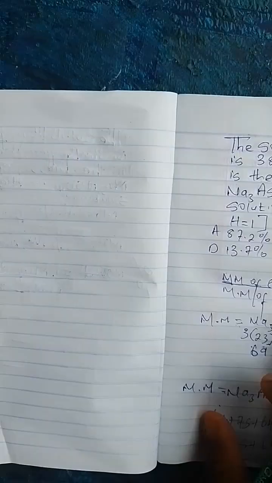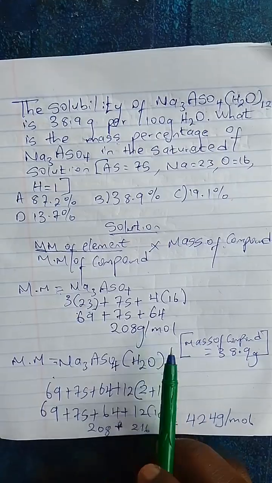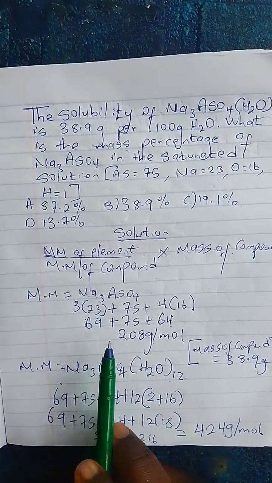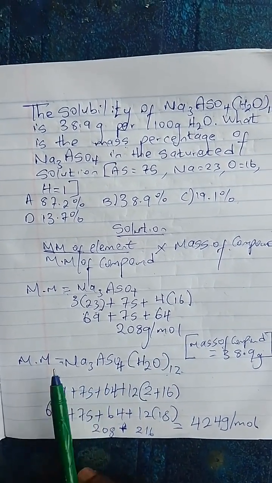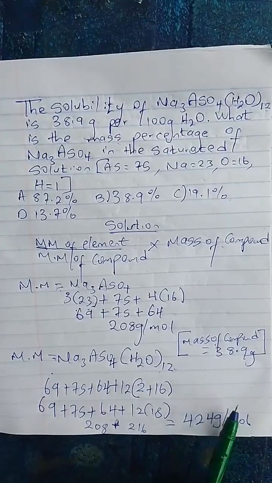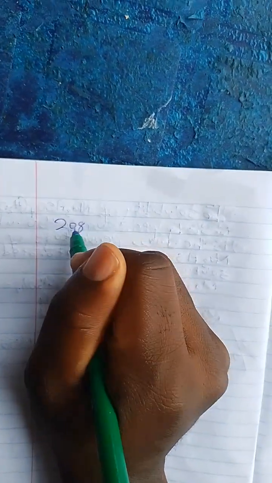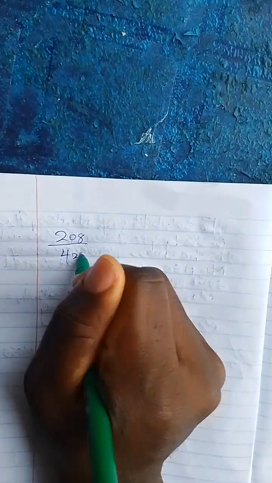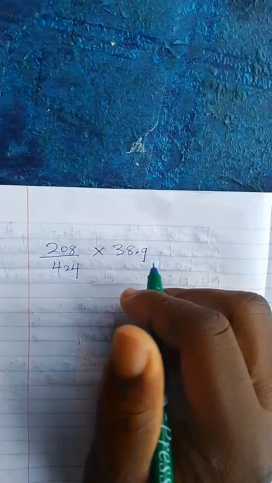Okay, let's move to this side for convenience. The molar mass of the element is 208 grams per mole. The molar mass of the compound is 424, while the mass of the compound is 38.9. Now let's impute our values. We have 208 over 424 times 38.9 grams.